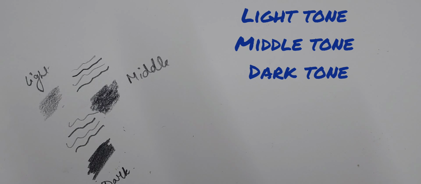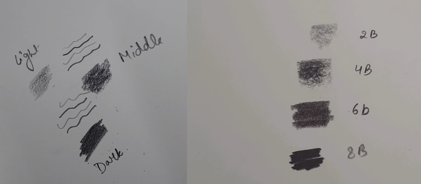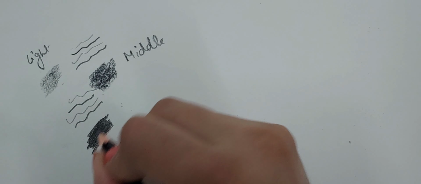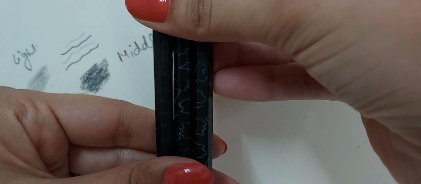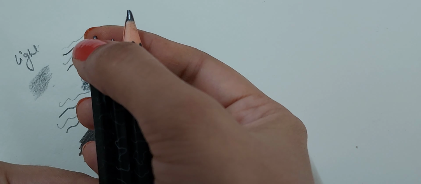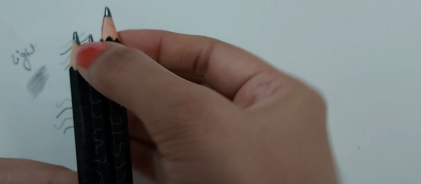If you want to make an extremely dark tone, you can do that using the 8B, 7B and 10B pencils, but this 6B works very well if we want to do the dark tones. You can see their tips also. This tip is very light, this is a little bit broader, and the 6B is much broader. So this is the basic difference.